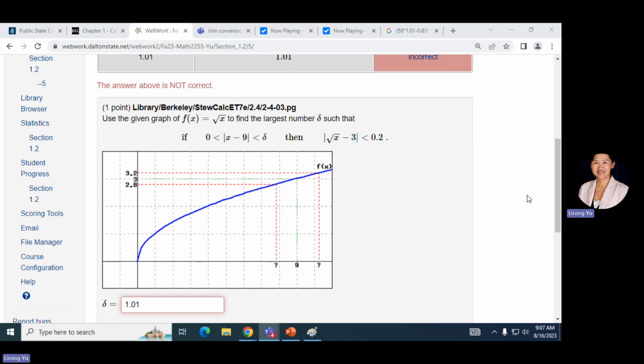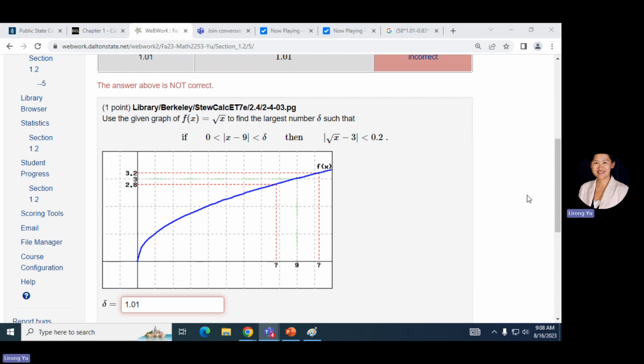So we still need to subtract 9, because we eventually need to put a boundary. Minus 9, minus 9. Now we have x minus 9 is between 2.8 squared minus 9 and 3.2 squared minus 9.